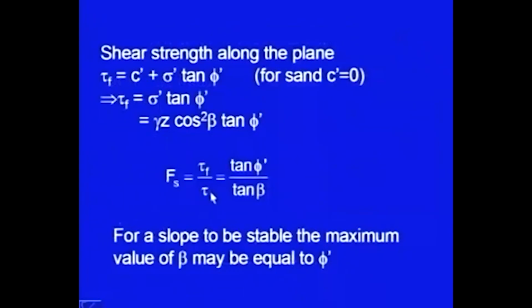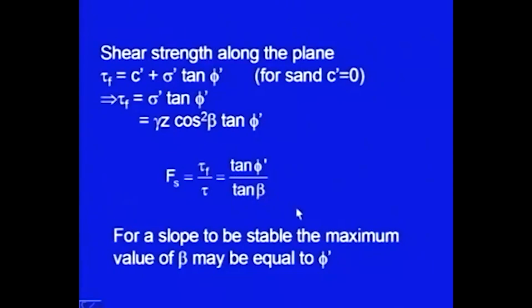So, the factor of safety with respect to shearing strength, F s, is defined as the ratio between the shear strength and the shear stress, tau f upon tau, and when you divide this value by the tau value, this equation reduces to a very simple form, F s is equal to tan of phi dash upon tan of beta.